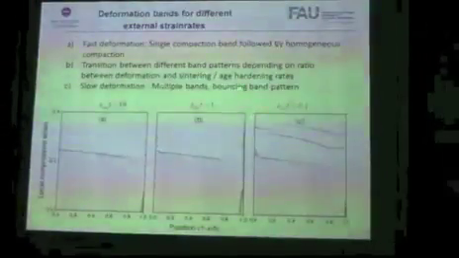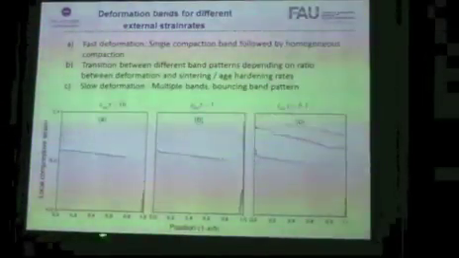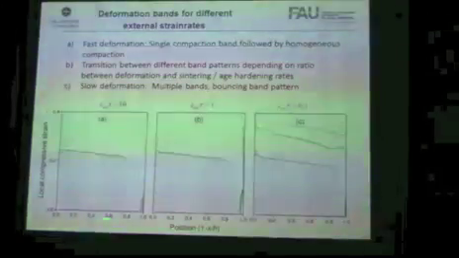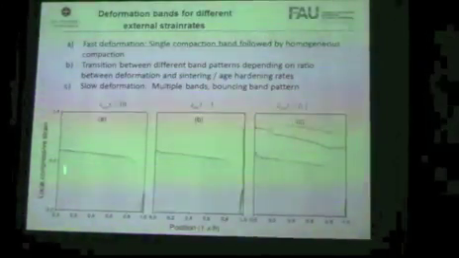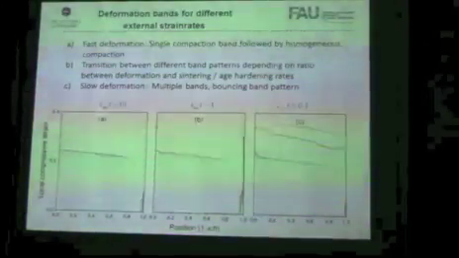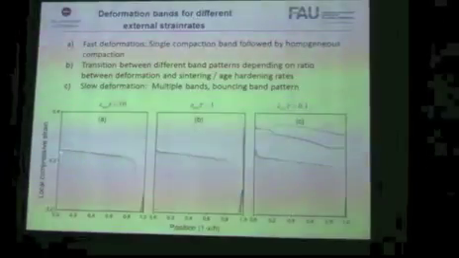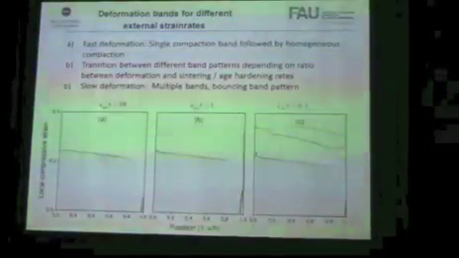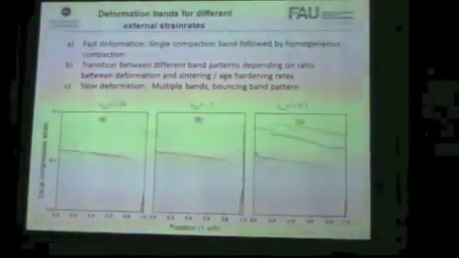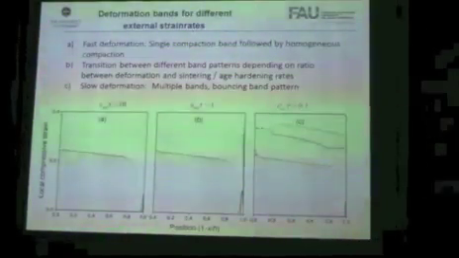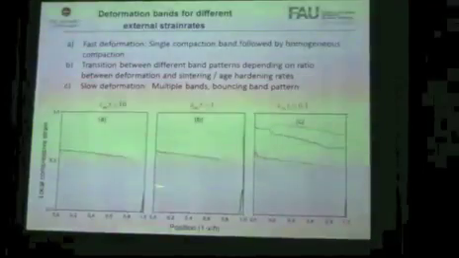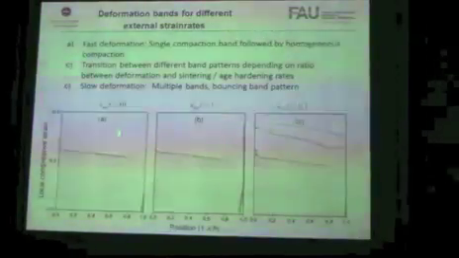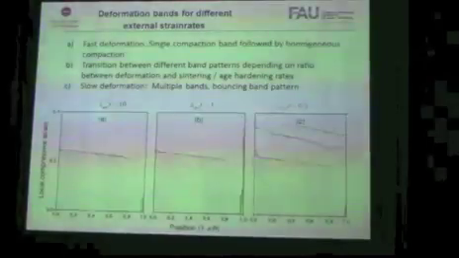What we can also see is for fast deformations, here on the left side, the position and the local compressive strain, where each line represents one time step. For fast deformation, when we have a big number for the recovering time tau, we get this one band that travels through the material, and then a homogeneous compaction.